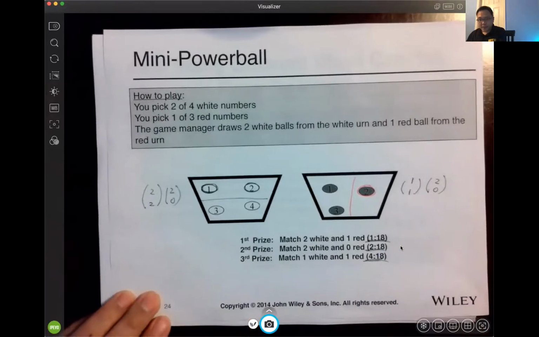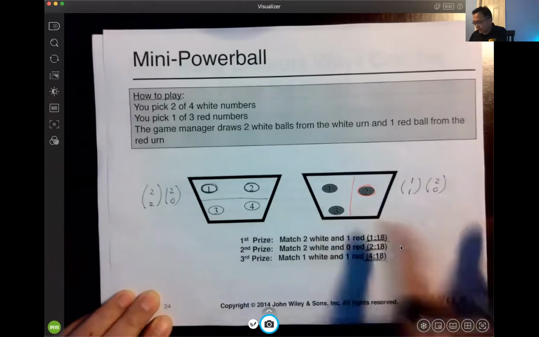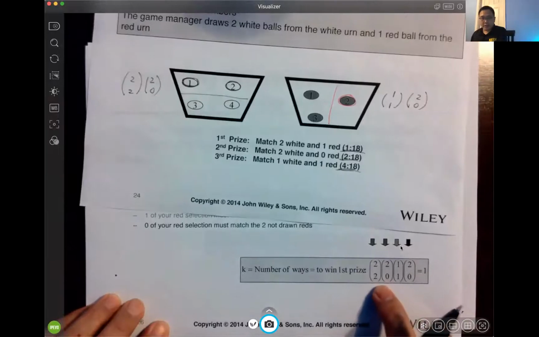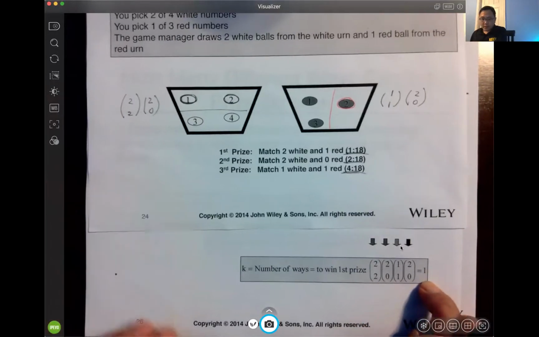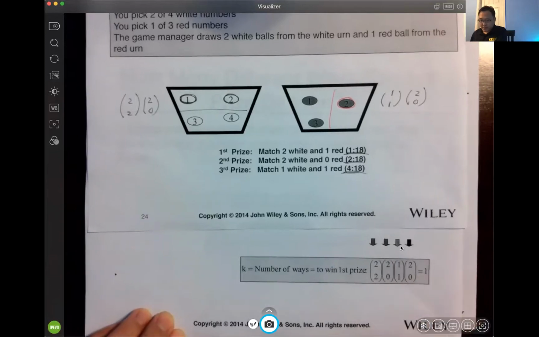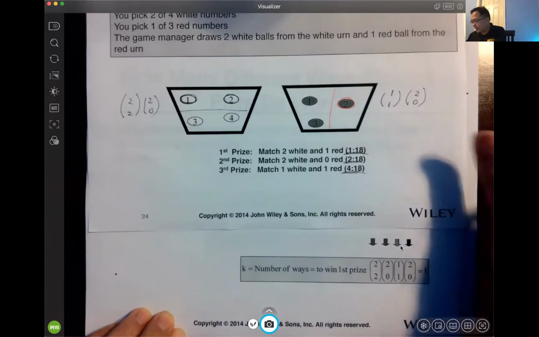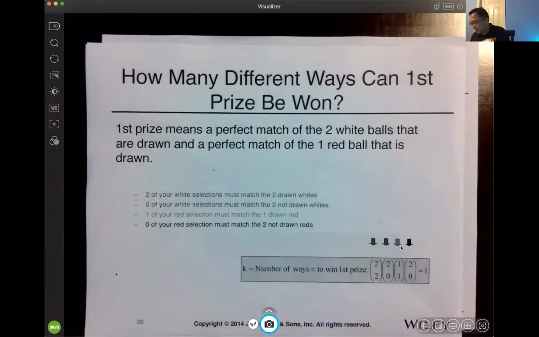If you multiply them together and calculate this number, that's 1. Obviously there's only one way that you can win the grand prize, because you need a perfect match.